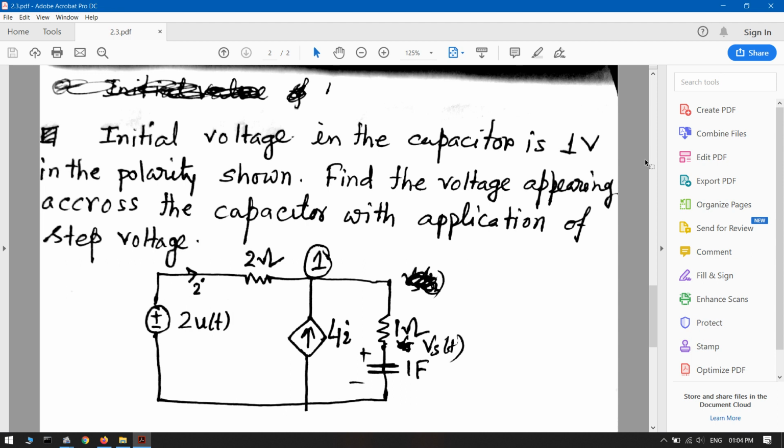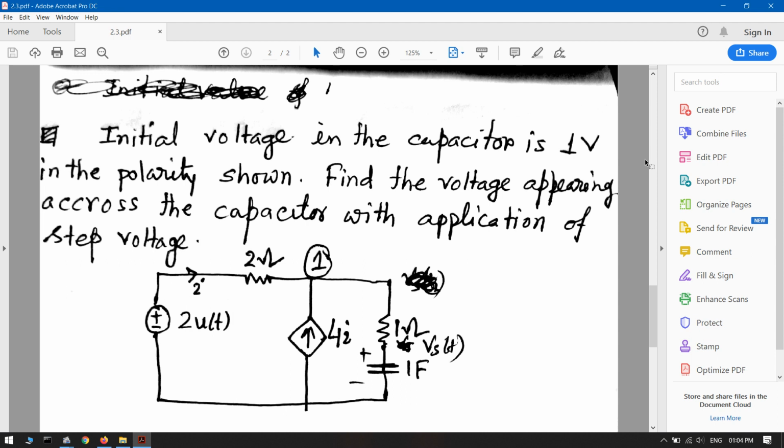I of S equal to 2 by S minus V1 of S divided by 2. So now this value of Is we can put to the first equation. What we have got, V1S minus Vs of S equal to 5Is, and we can go for solving that.